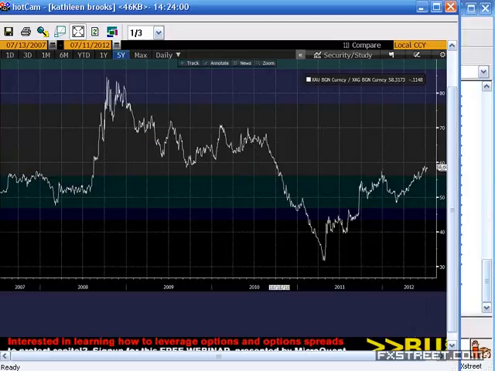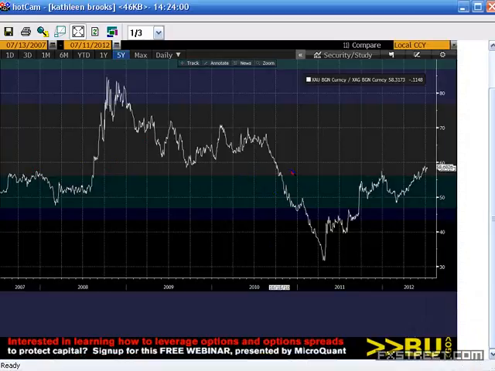Right, so this is a longer-term ratio. It's the gold-silver ratio, so it's just gold divided by silver. It's a really good proxy for risk because in periods of major risk aversion, silver tends to underperform gold, and you tend to see massive spikes higher.